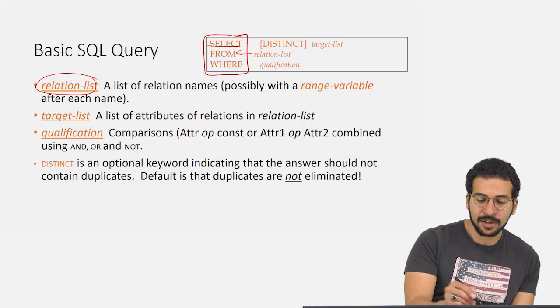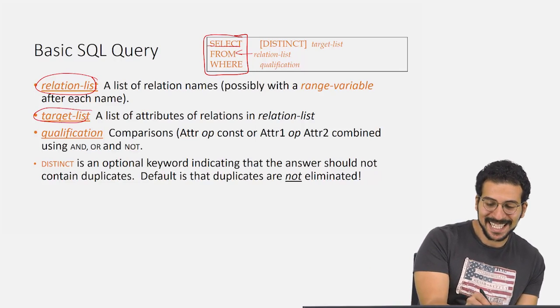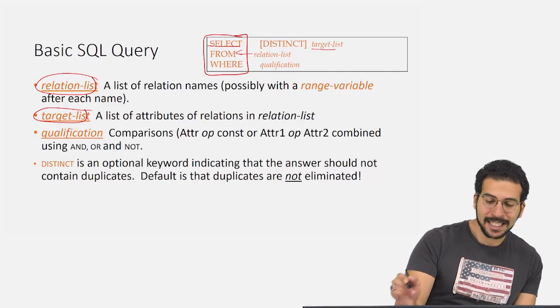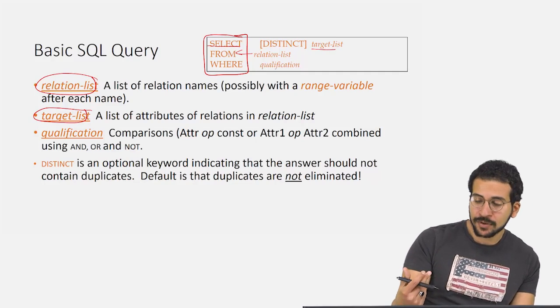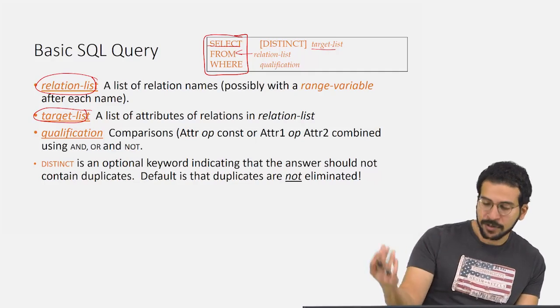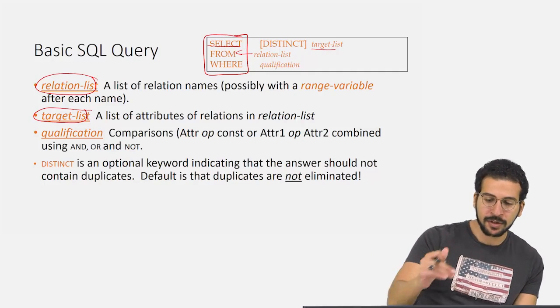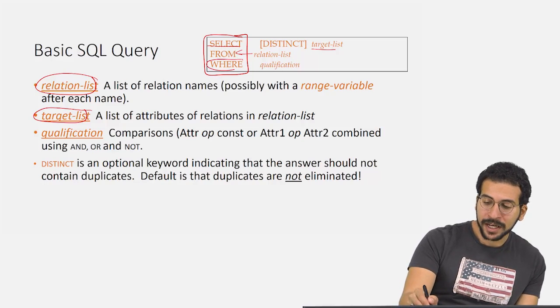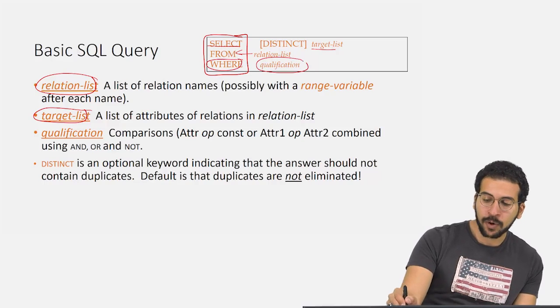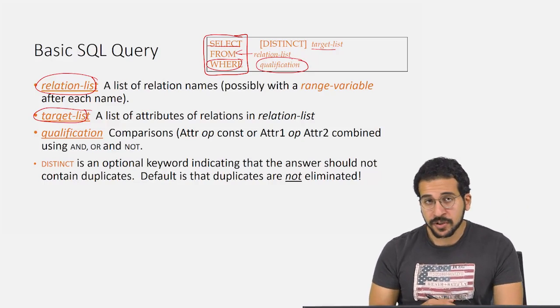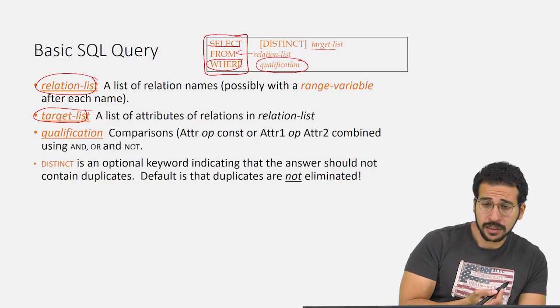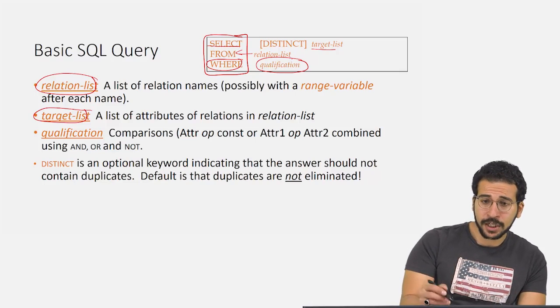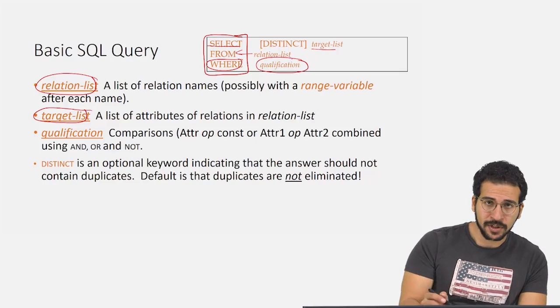In the select, you pass something called the target list. The target list is a list of attributes, some of the attributes in the relation list that you specified in the from. In the where, you specify qualifications. Qualifications are a set of predicates or conditions that are applied on some of the attributes in the relations.